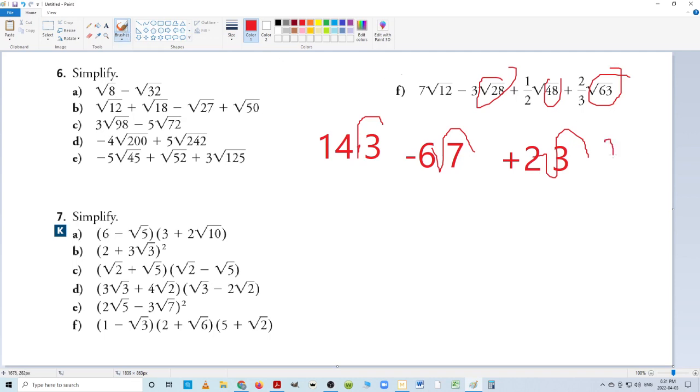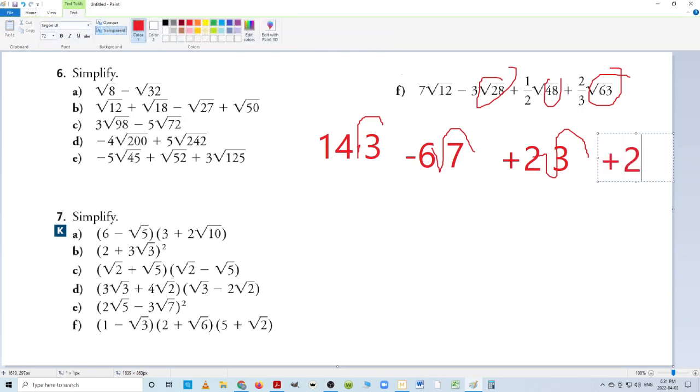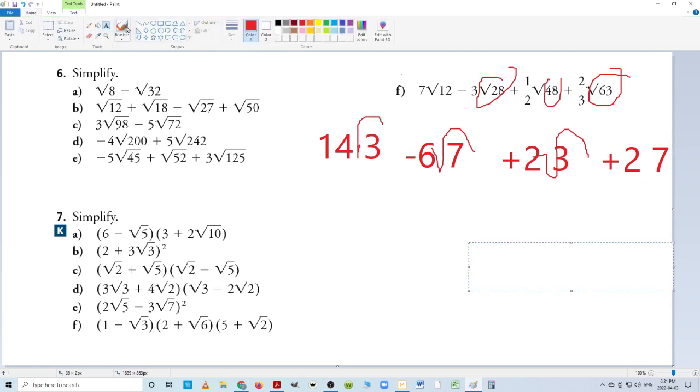So you get 2/3 times the square root of 9 times 7. And so the 9 comes out, becomes a 3, and the 3's cancel out. So you end up with plus 2 square root of 7. Notice that a lot of the hints will be, if you get a square root of 7 over here, you're probably going to get a square root of 7 over here.